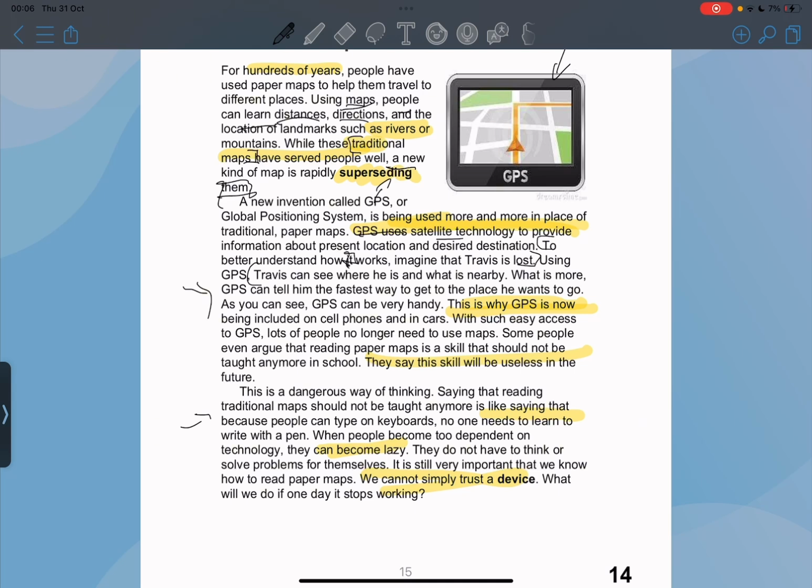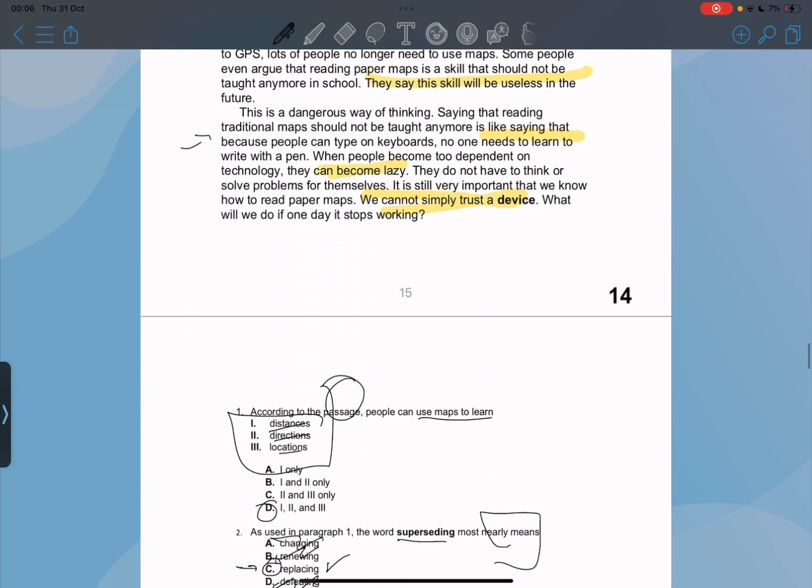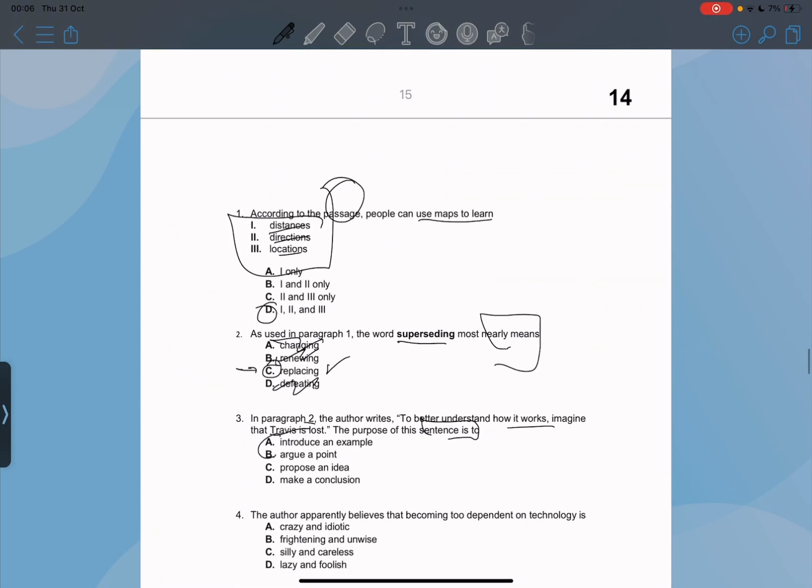Well, it's talking about the GPS using satellite technology. So it's trying to explain how GPS uses satellite technology, and it's giving an example here where you imagine Travis is lost and explains how it would work. So what is it doing here? It's introducing an example, option A.